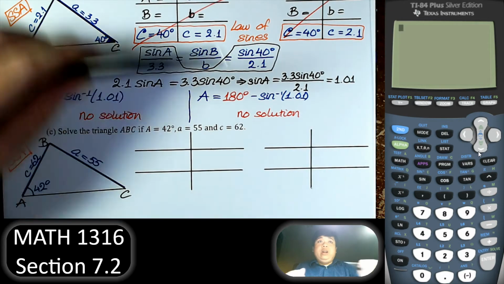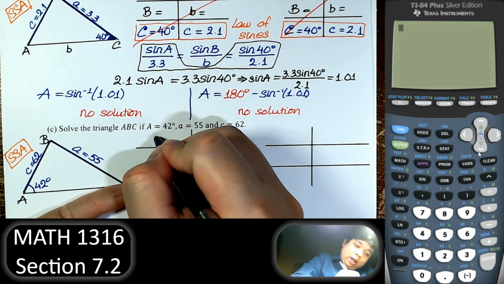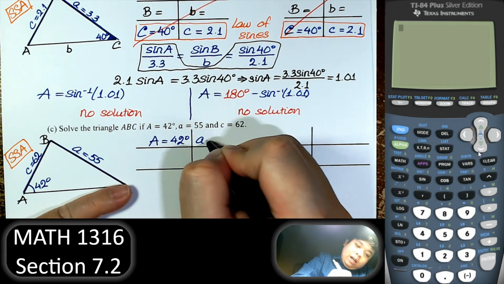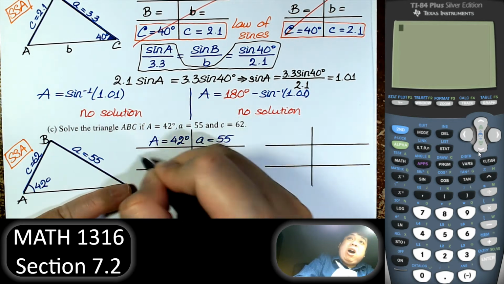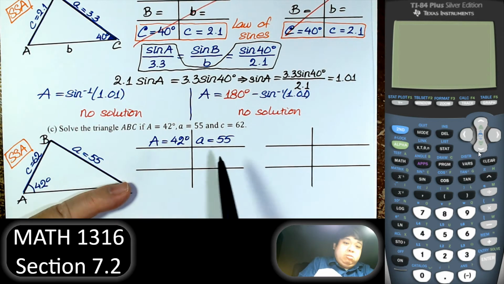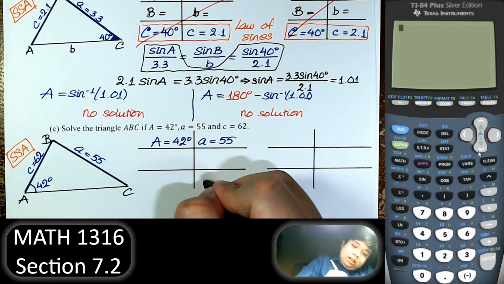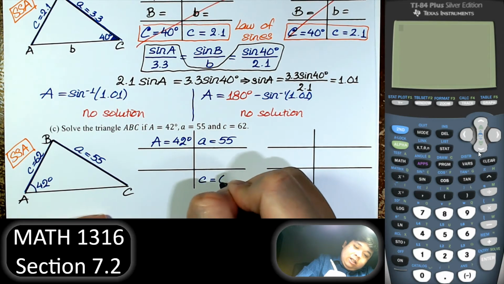Right. Put in the information we have. Angle A, we do know, 42 degrees. Side a is 55. Of course, when we write this, it screams law of sines because of the opposite angle and side. Side c, 62.